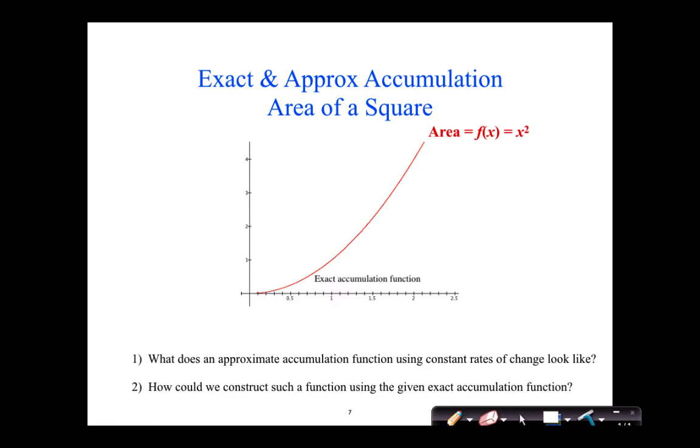All right, so if I wanted to make an approximate accumulation function, thinking backwards from this, it would be more jagged. And maybe it'd be above, maybe below, but let's say I draw a point here, and maybe it matched up here somehow. Maybe something like that.